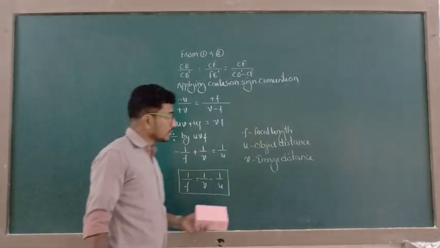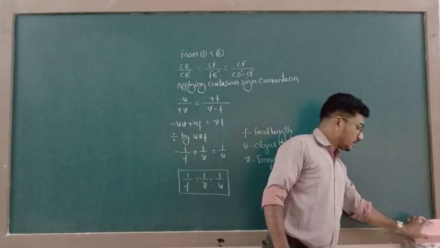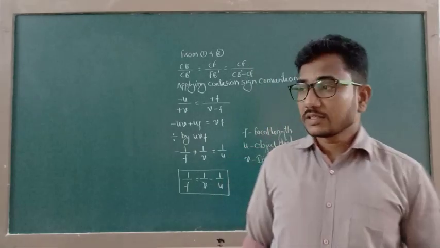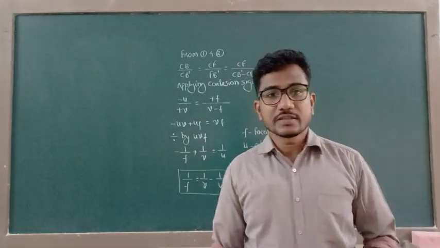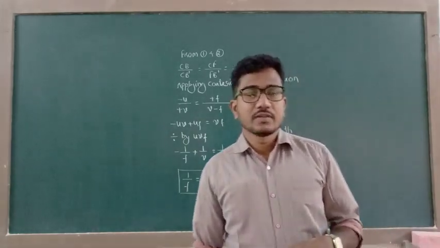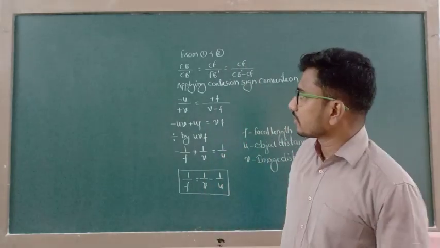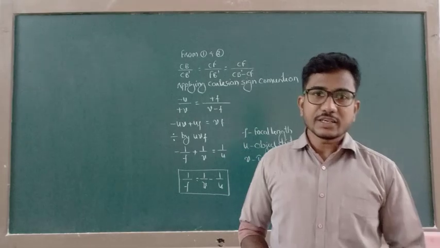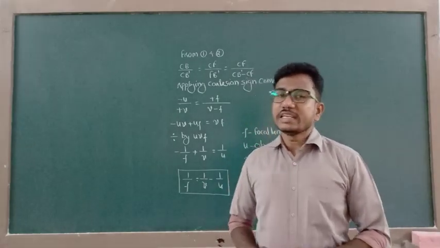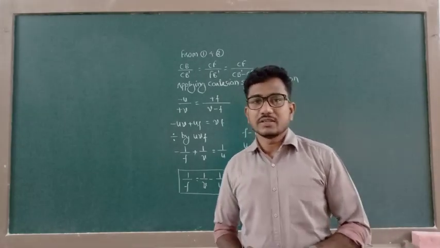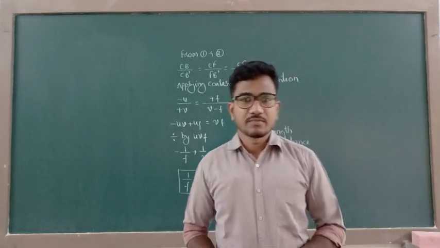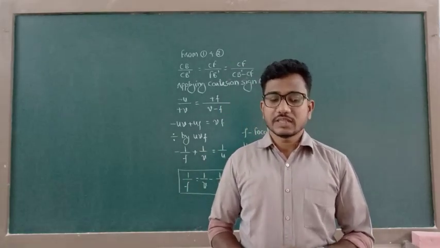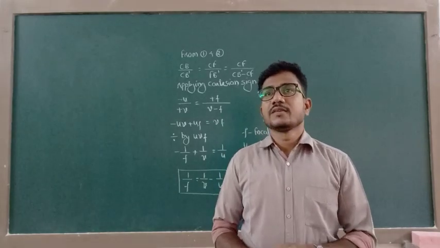So next, linear magnification. We have already discussed linear magnification in case of mirrors. Similarly, in case of lenses, we are going to discuss linear magnification. Linear magnification is just a comparison of the size of the image with respect to the size of the object.